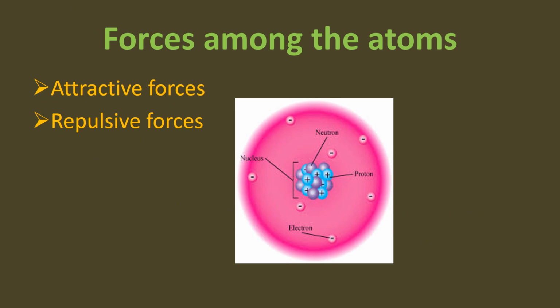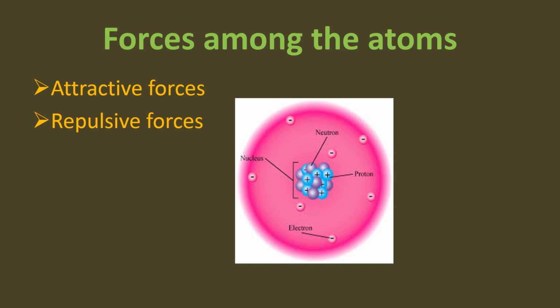There are two types of forces present among the atoms: attractive forces and repulsive forces. The attractive forces are present between protons and electrons. They are oppositely charged particles, so definitely they will attract each other. If the number of protons increases, the attraction will also increase, and it will decrease the size of an atom.